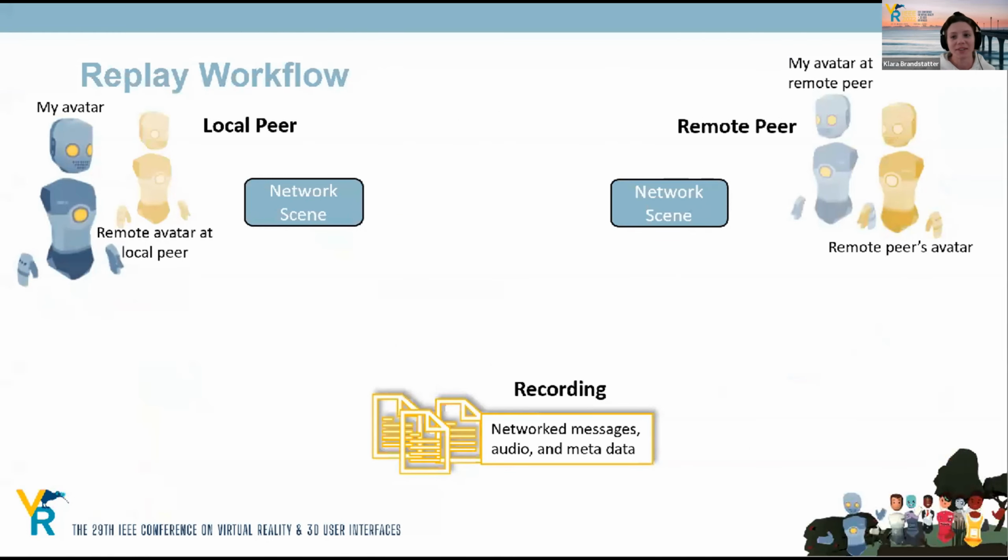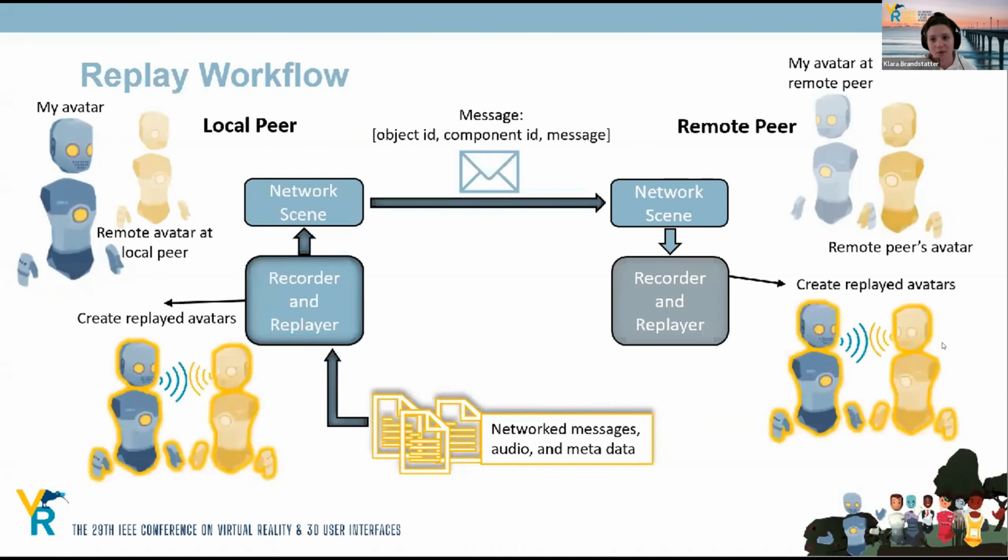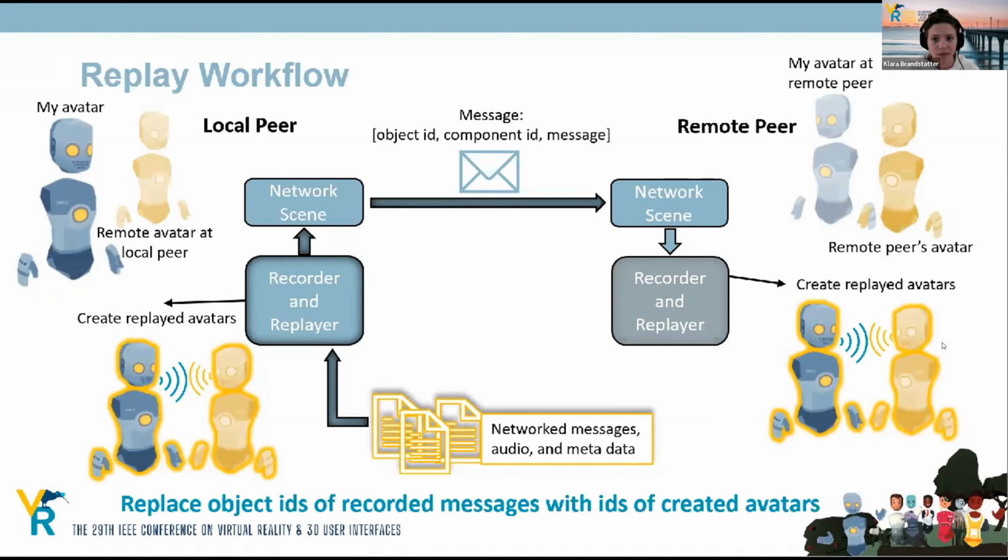So once we have the recording, we want to initiate a replay. First, with the information in the metadata file, we recreate the objects from our recording at the local and the remote peer. Then we need to change one thing, namely the object IDs of the messages, before we can actually replay.